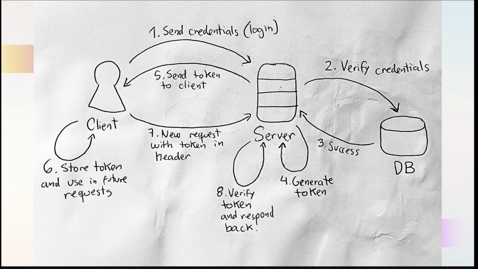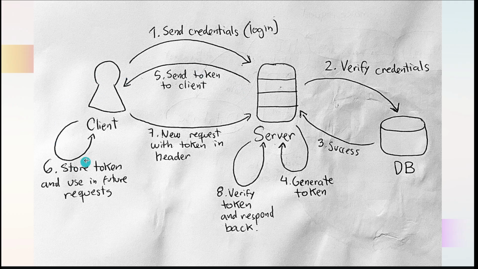So this is the diagram of how the access token and the client, server and DB connection actually work. Suppose this is my client. I will send the credentials to my server, and the server will check whether that credential exists in my DB or not. If the credential exists in my DB, I will get the success response. After that, my server will generate the token and send that token to the client.